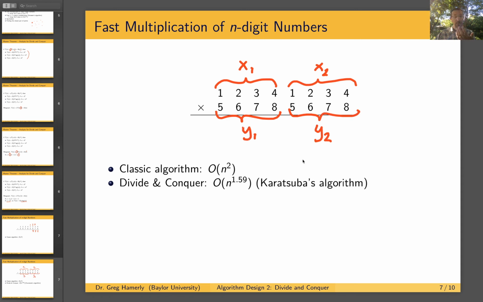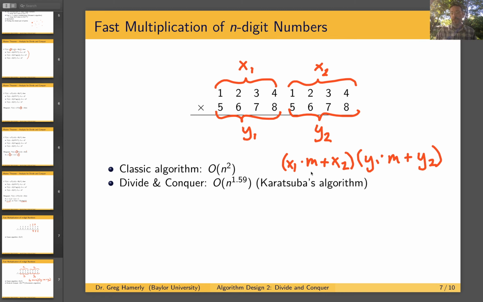And we know that the answer that we want is essentially x1 times some multiplication factor, in this case 10,000, we'll call that m, plus x2, times y1 times m plus y2. And don't worry about the details here. I'm just writing this down as I'm rewriting this in a different form.